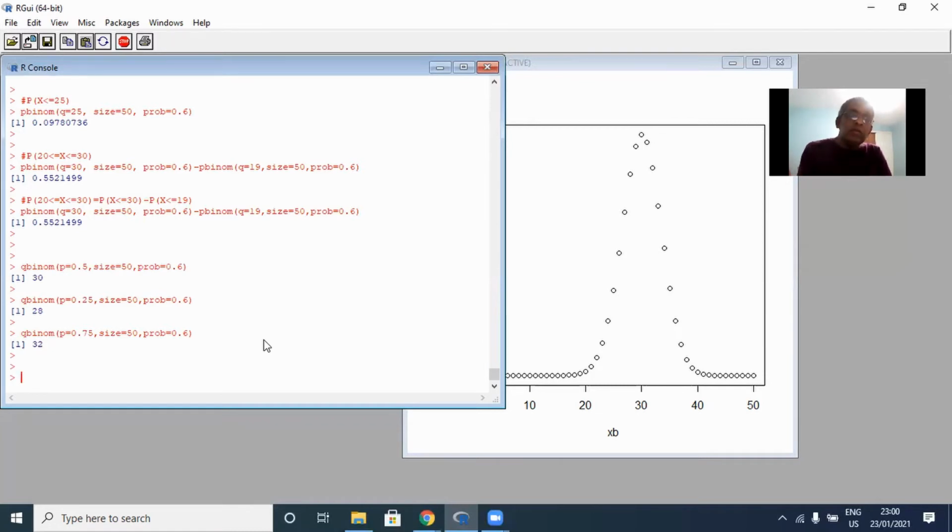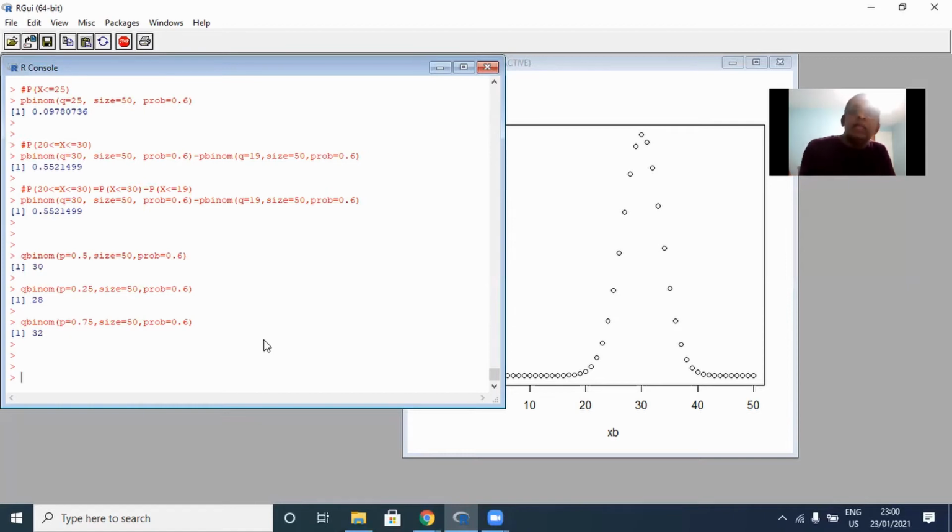The next thing is how do you generate random numbers from a binomial distribution? For that, you will use the command rbinom. Suppose you want to generate, say, 5 random numbers from binomial with size equal to 50 and probability equal to 0.6.